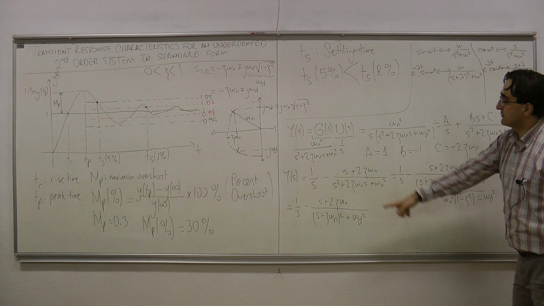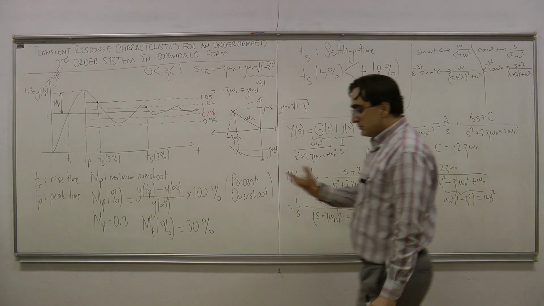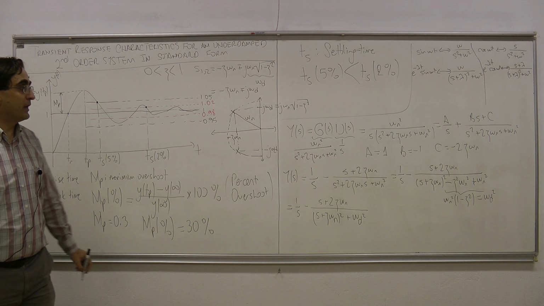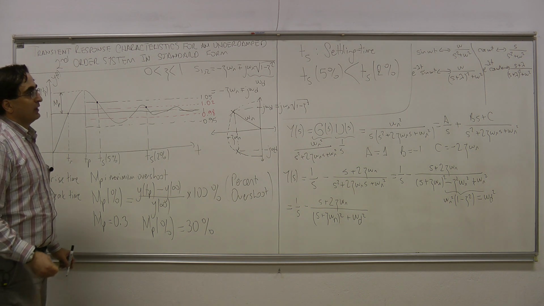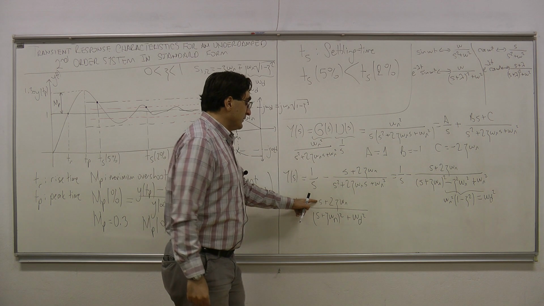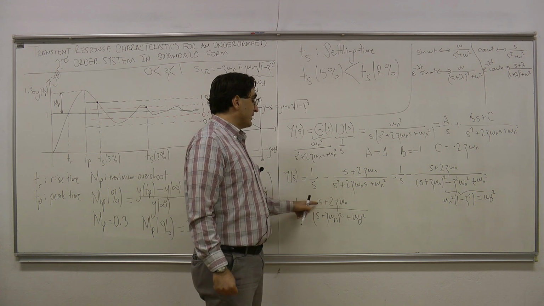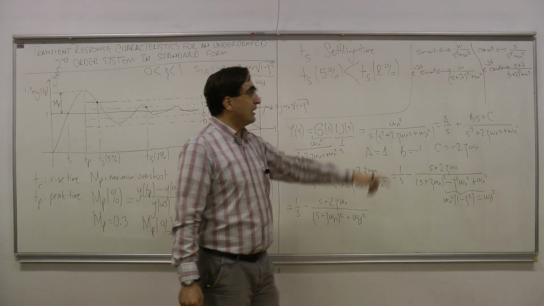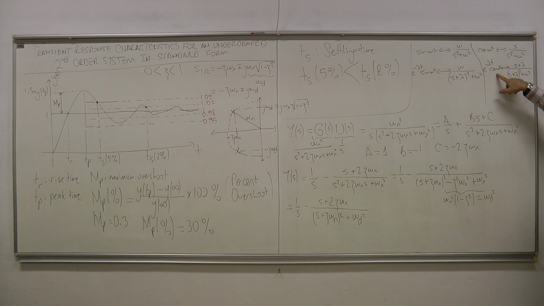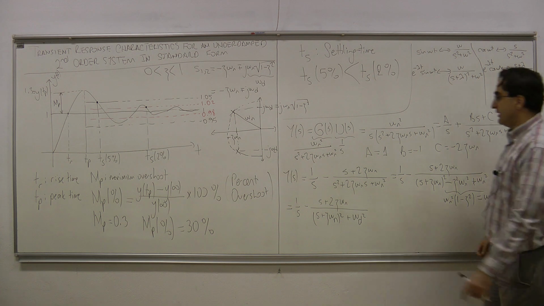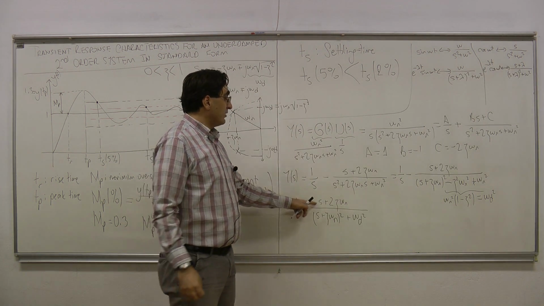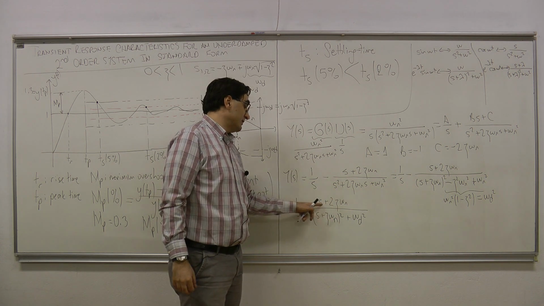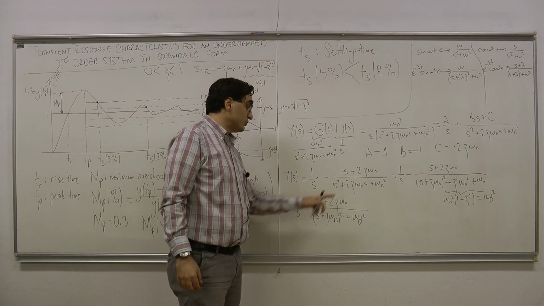The denominators are very similar. And now we're going to try to make the numerators similar as well. Okay? So if instead of s plus 2 psi omega n, I had s plus psi omega n here, then I would have this exponential times cosine, because it is s plus lambda square plus omega square. Okay? But here, I really do not have s plus psi omega n like this. Instead, I have s plus 2 psi omega n.